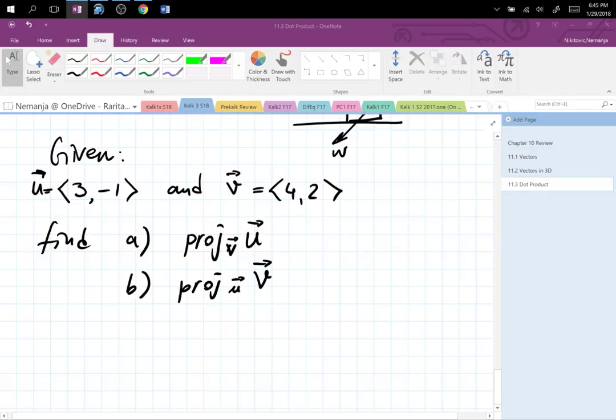So wait, for here, let's say 12, 12 plus 2 times 8. And on the bottom, it's going to be just this.